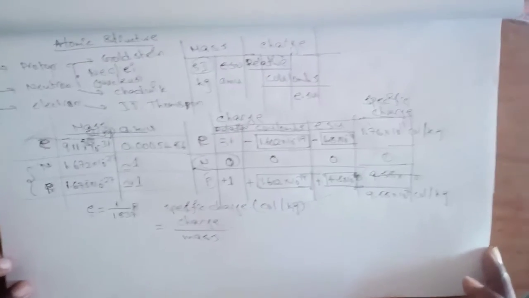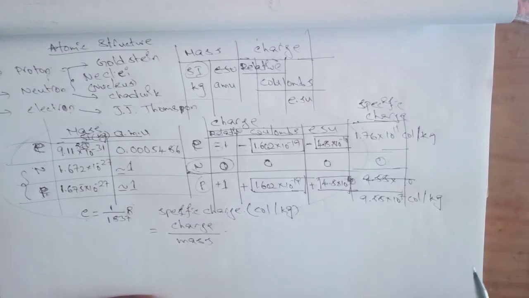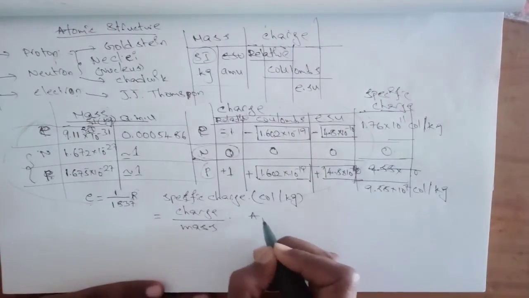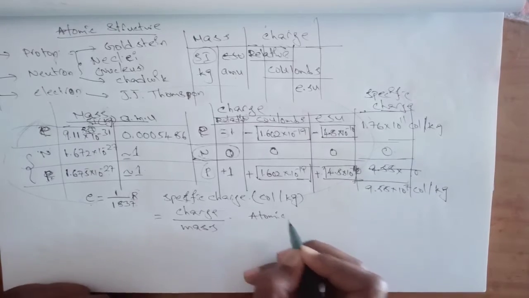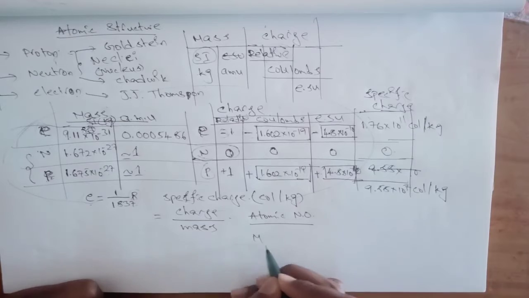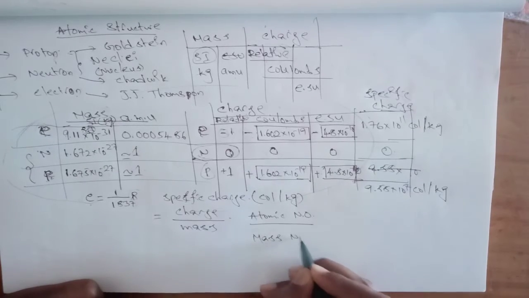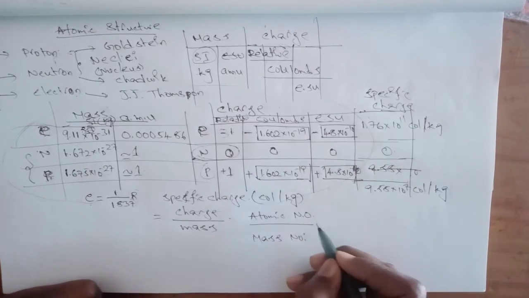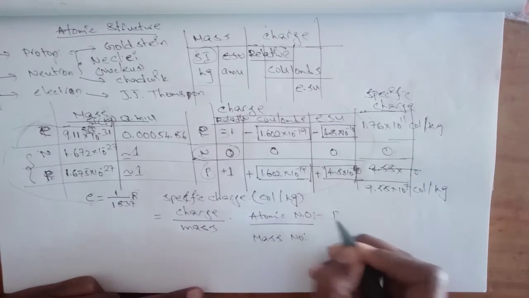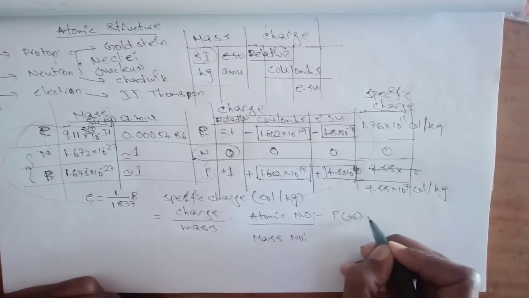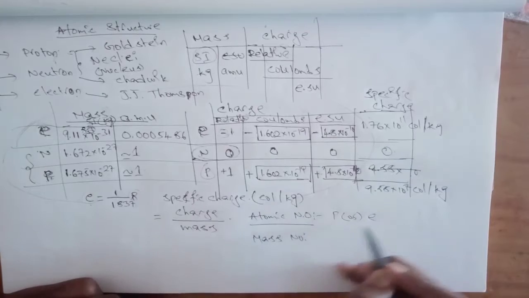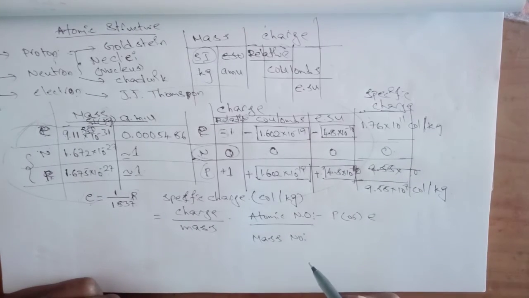And the next concept we have to look at in this atomic structure is atomic number and the mass number. You know that the number of protons or number of electrons present in the atom is known as atomic number.